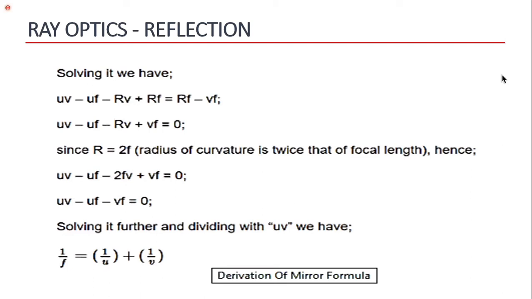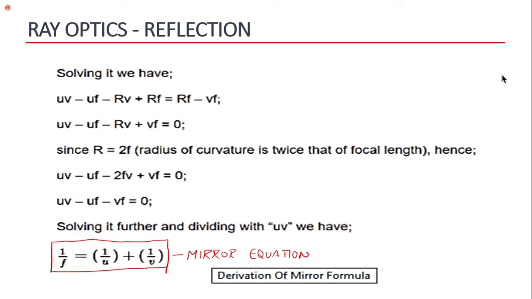Now, this also goes into your formula book, mirror equation. Now you got 1 by U plus 1 by V is equal to 1 by F, right? When you are solving your numericals, you have to take appropriate sign conventions.